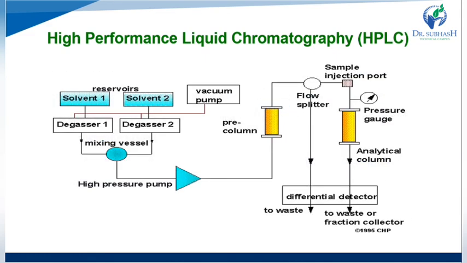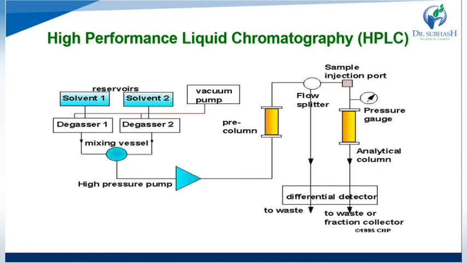This is the system of HPLC, high performance liquid chromatography. Here there is a reservoir, then a vacuum pump, solvent system 1 and solvent system 2, then degasser 1 and 2, and also a mixing vessel.